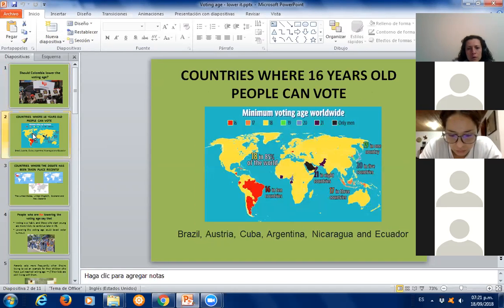Okay, there are few countries: Brazil, Austria, Cuba, Argentina, Nicaragua, and Ecuador. So you see, most of the countries are here in South America. So we have Argentina, Brazil, and Ecuador, 3 countries in South America. We have Cuba, just one country in Europe, which is Austria, and that's it.